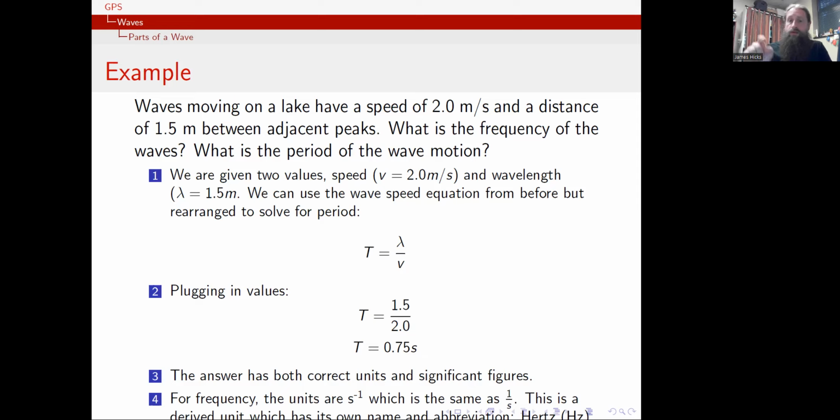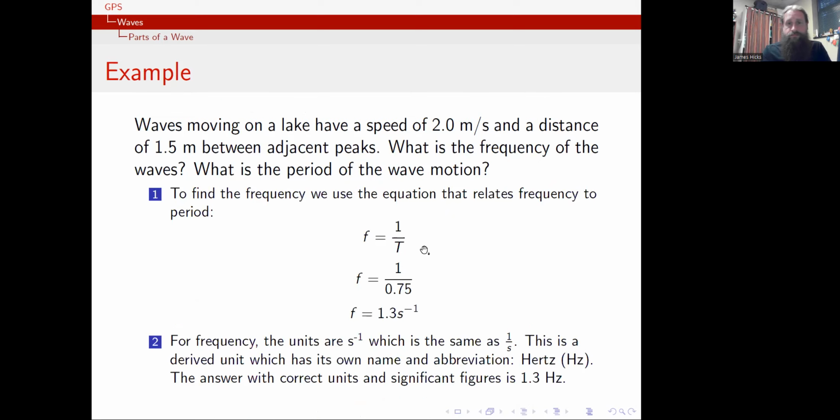Like I said before, if you know the period, you know the frequency, and we already found the period. To find the frequency, we just do the inverse of the period. So 1 divided by 0.75 seconds. So that's 1.3, and I get seconds to the -1 power.